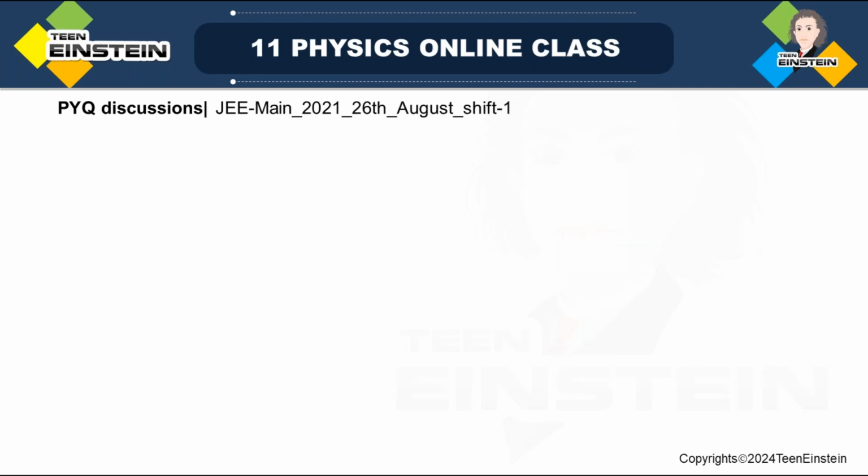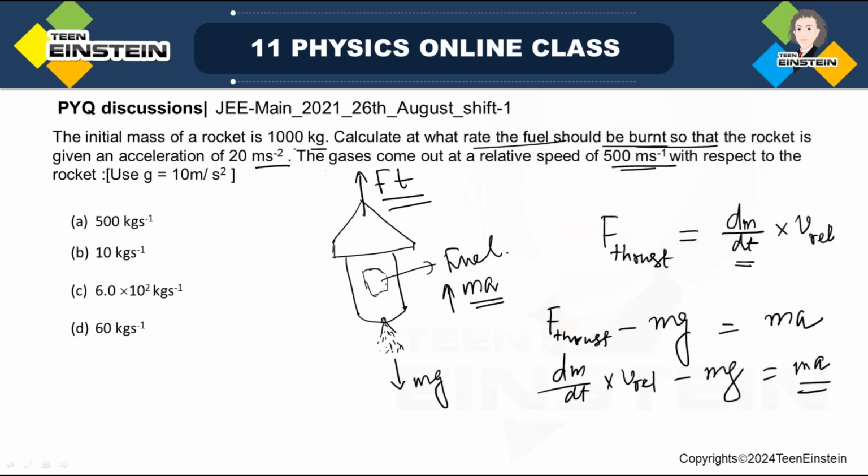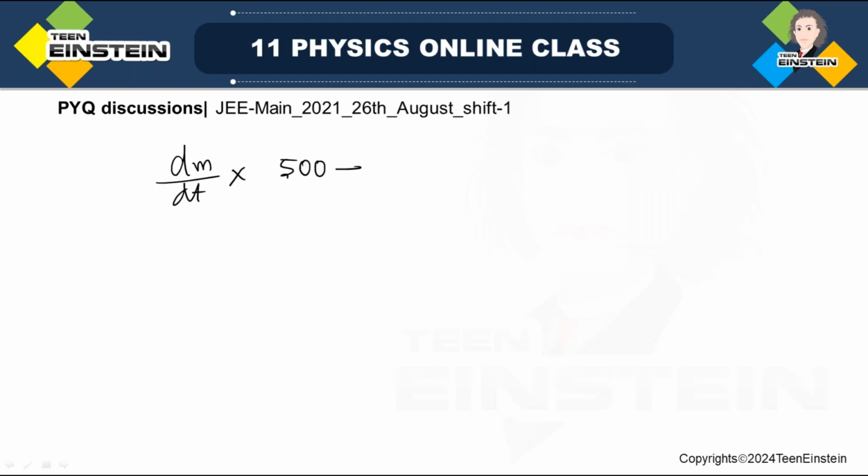So dm/dt into the relative velocity, 500 meter per second, and then you have m into g, that is 1000 kg, I am taking initially 1000 kg, m into g is again 10.